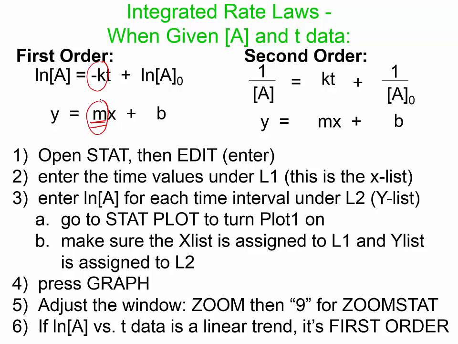That's also really powerful. Once you have all those data points, you'll not only know what order it is, you'll also know what slope is, so that means you'll also know what k is in both cases. So let's not waste any more time and go right to a practice problem.